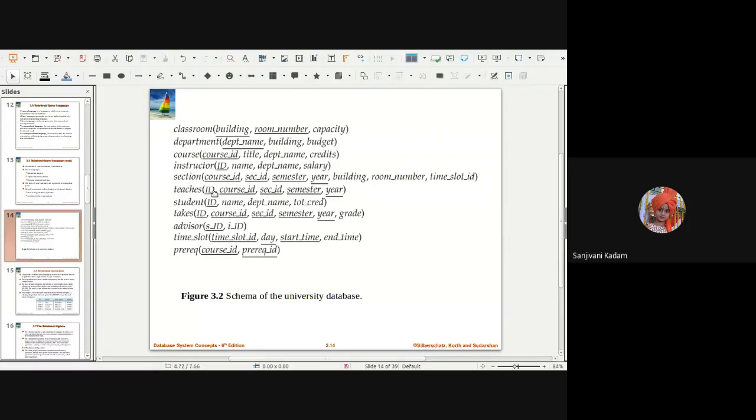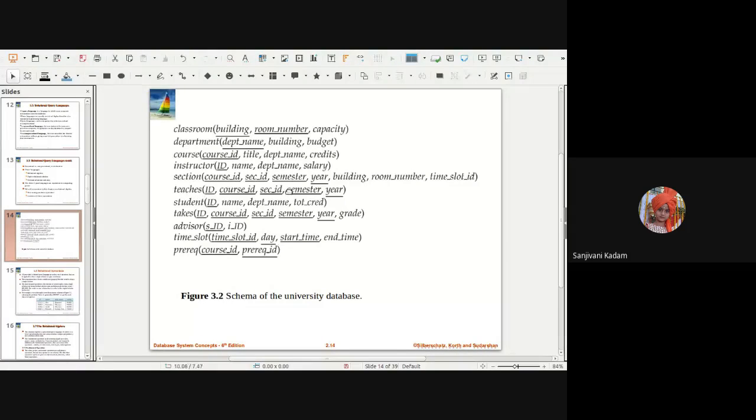Then teaches. Whatever section was taken in a building, teaches holds the information of which teacher taught this subject, with respect to the ID.